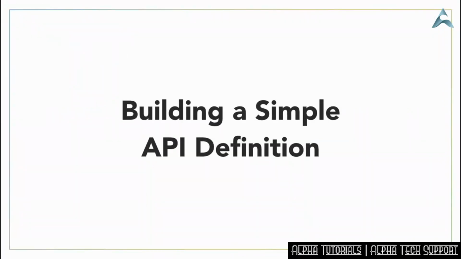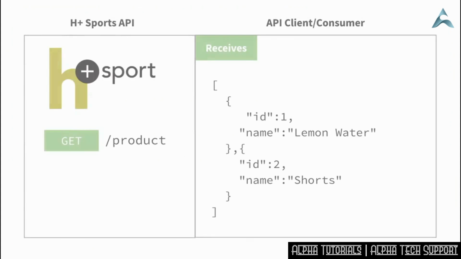In this lesson, we'll build our first API definition file that follows the standards set by the OpenAPI Specification. The API definition that we will build documents a product resource on the H+ Sports API. This resource allows API consumers to access the company's product catalog.